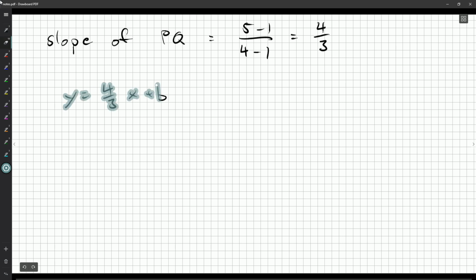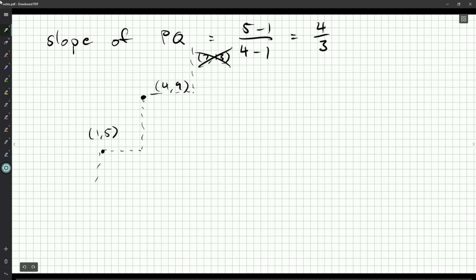Actually, 4 and 3 are relatively prime, so as long as we start with, say, (1, 5), if we go 3 over and 4 up, we'll get two more integers. So you'll get (4, 9). If you go 3 over and 4 up again, you'll get (7, 13), which is too big. But if we go backwards, down by 4 over by 3, we'll get (-2, 1), so we can't use that.